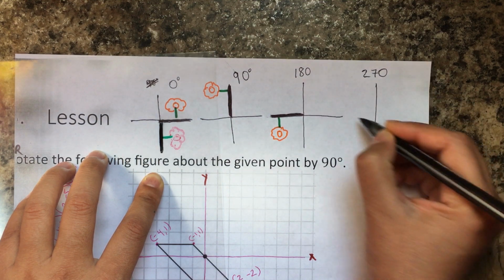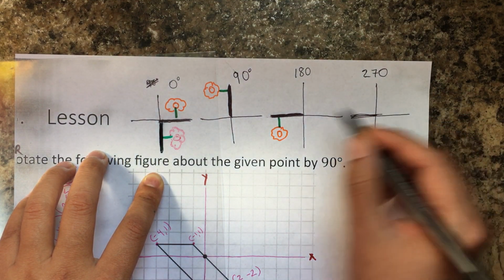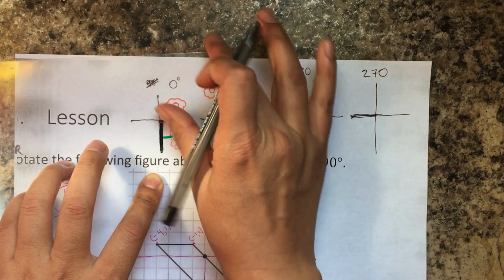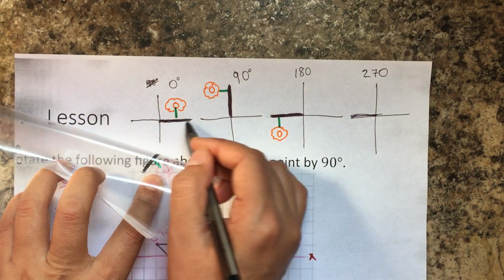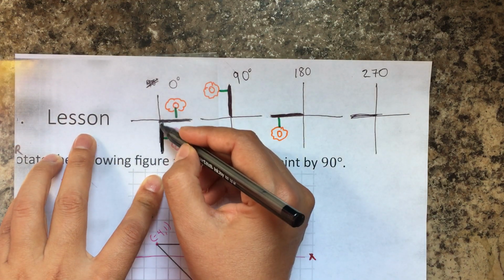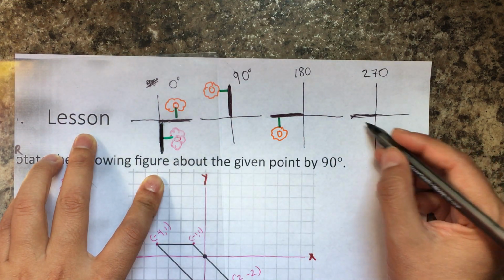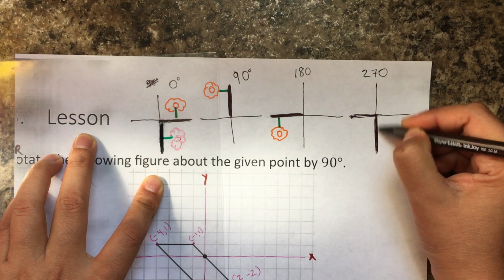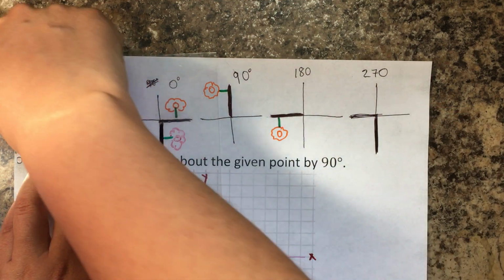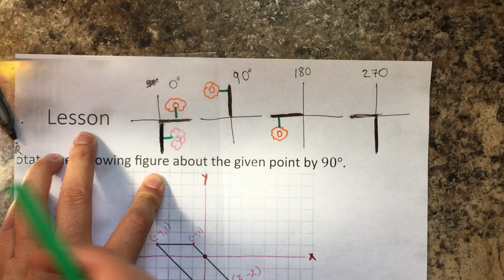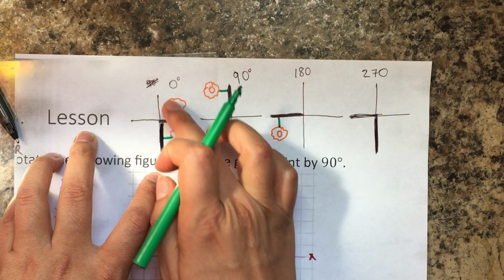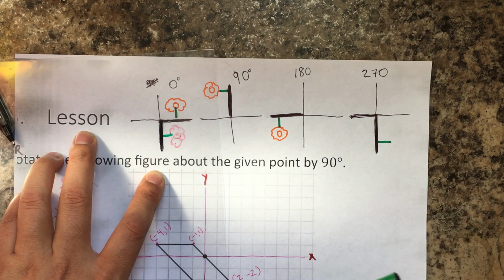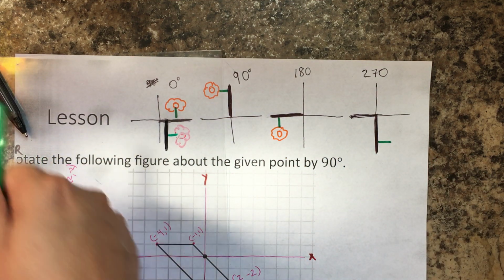So my new X, notice how this has been X all along, right? The floor for my flower has been X, positive X. So now this becomes positive X. So this is positive X. And so my flower or new figure is not going to be in here, but when it's rotated 270 degrees, it's now right there.